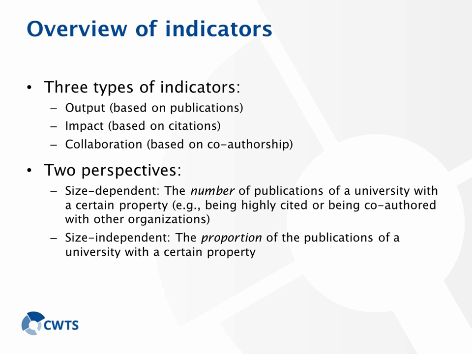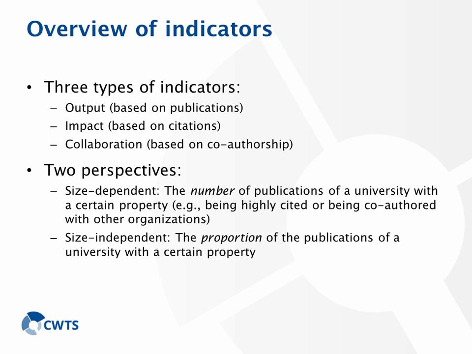Before discussing the impact and collaboration indicators in more detail, I should mention that each of these indicators has two variants, a size-dependent and a size-independent variant. Size-dependent indicators are obtained by counting the absolute number of publications of a university that have a certain property, while size-independent indicators are obtained by calculating the proportion of the publications of a university with a certain property.